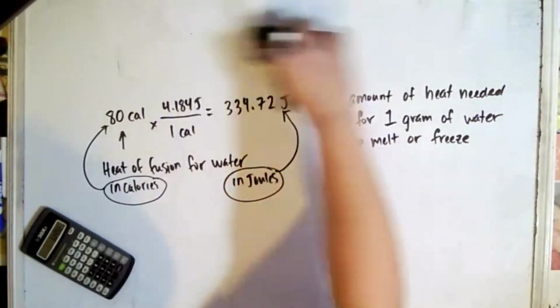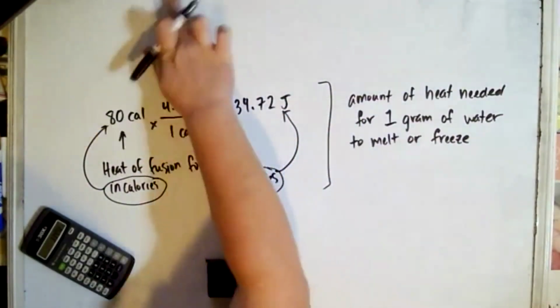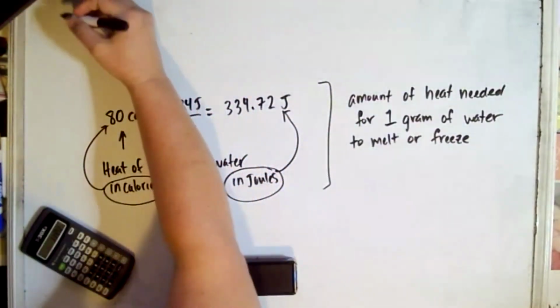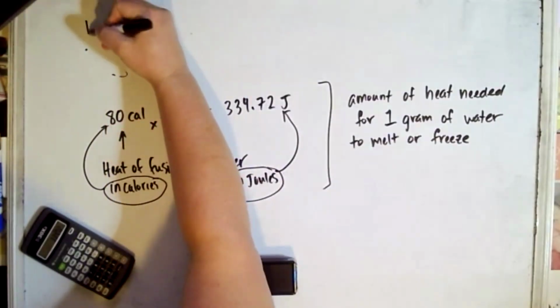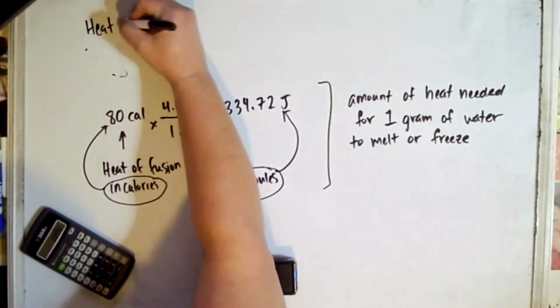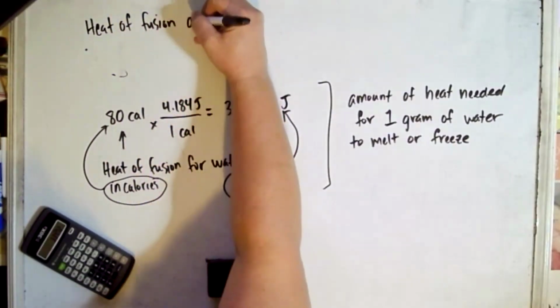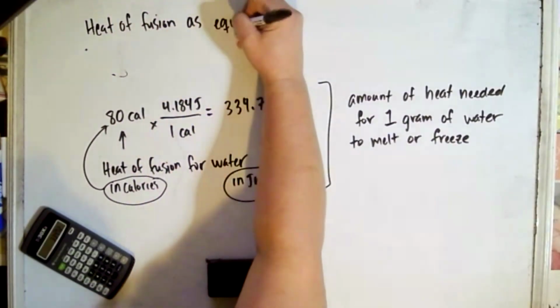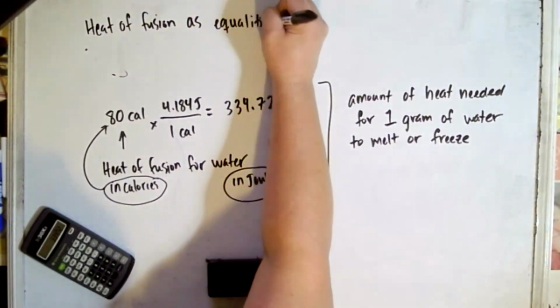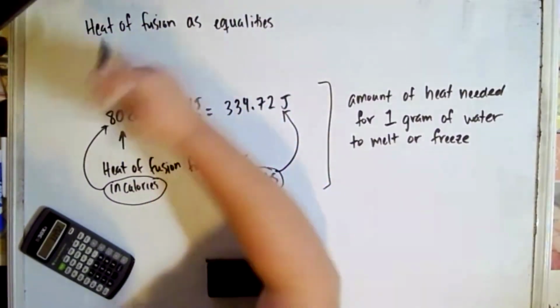Okay. So we can write out our heats of fusion as equalities. And we'll write the two versions.